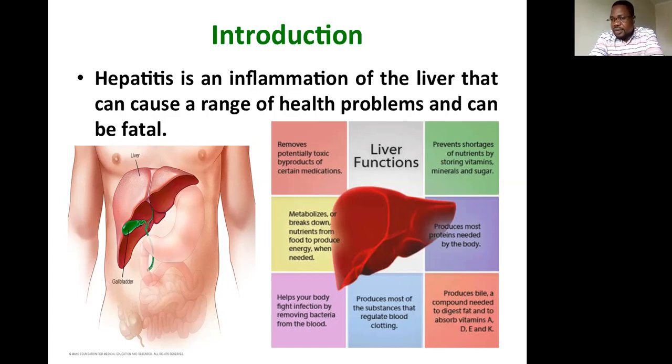And the liver produces what we call bile, a compound that is needed to digest fat and to absorb vitamins, mainly vitamins A, D, E, and K. So the liver plays several very important roles, and its inflammation is what we call hepatitis.